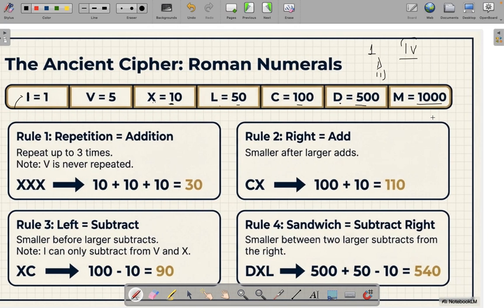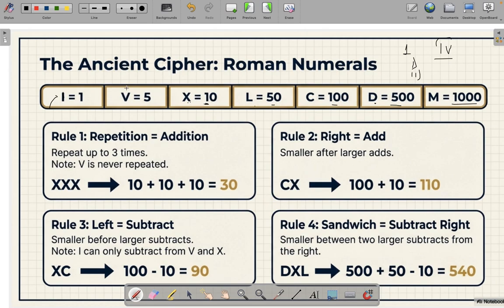You must already be aware of these rules. The first rule says repetition is equal to addition. When you repeat letters, you are adding them. Since X means 10, 10 plus 10 plus 10 becomes 30. Rule 2 says if you have a smaller number to the right, for example CX, you add it.